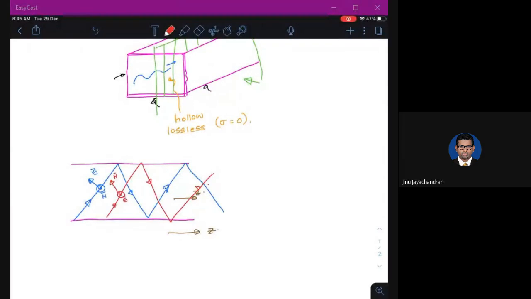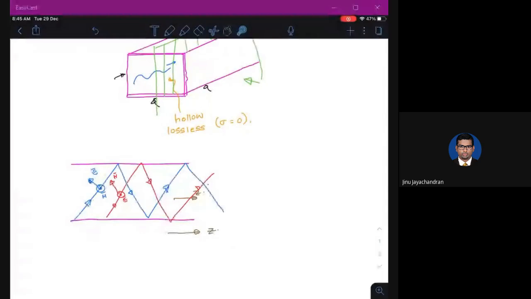So in this case, you see the H will have a component along the direction of propagation, which is this, while E will not have a component. So this is called a transverse magnetic wave. All these types are called different modes, and all these things will come into picture.